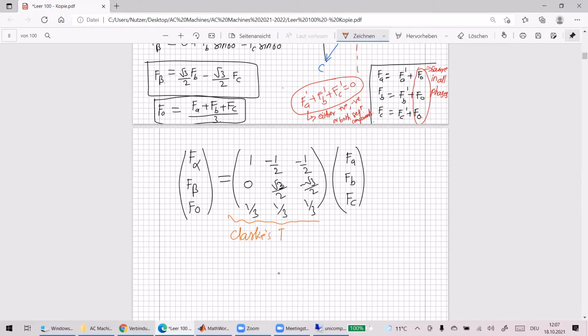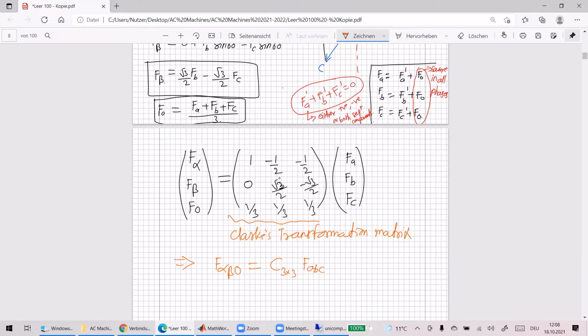And if you want to find the inverse Clarke, from ABC to alpha beta 0, you can always do the inverse. So I can write this like this also: F alpha beta 0 is equal to matrix C, which is 3 cross 3, times F ABC.